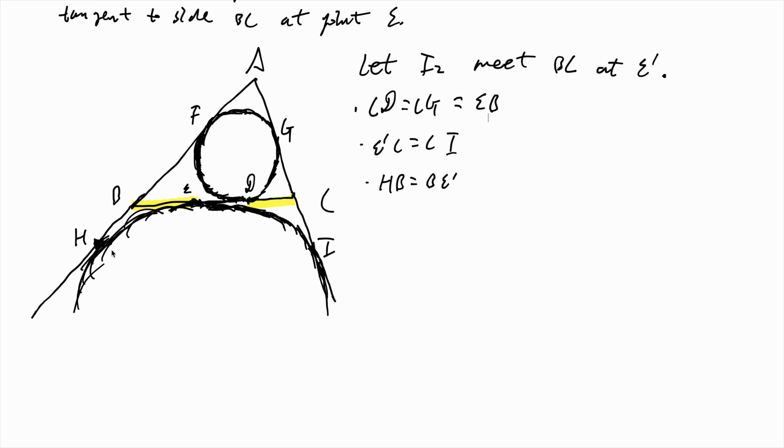Or we could prove that CI is equal to BF. That's also what we could do. But what should we try? Should we try using CG first? Because I think that would be easier. How should we relate HB to CG?